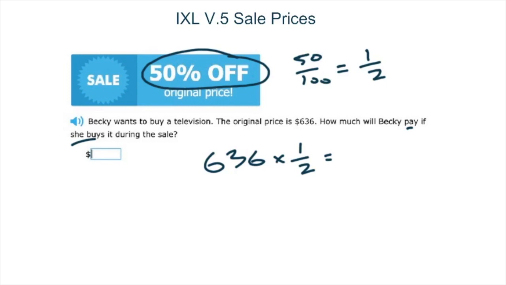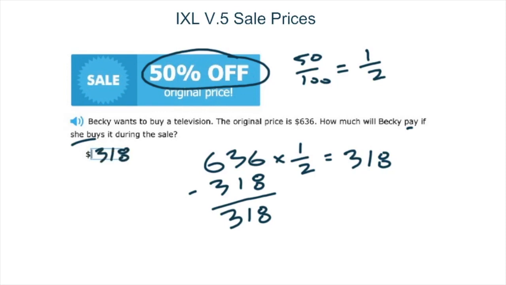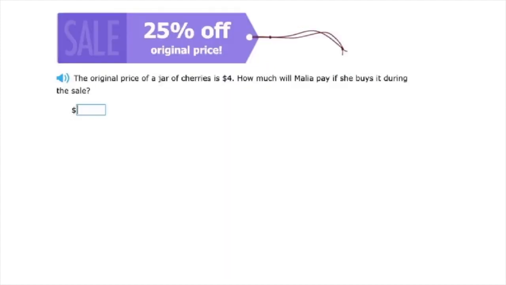So half of 636 is 318, which means she'll have 636 minus 318, which turns out to be 318 because it's half. So how much would she pay? She'll pay $318 during this sale.